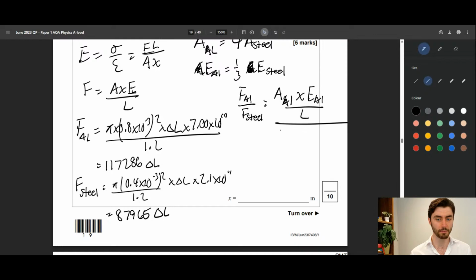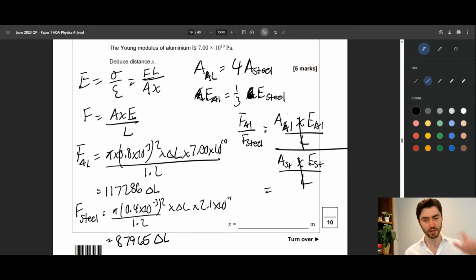And you divide that by A of the steel times the extension, which is the same, times the Young's modulus of the steel, over the length, which is the same. These cancel, so it would be 4 times a third. So it's 4/3. That was a simpler way of doing that. So I shouldn't have done the thing on the left. That was how I could have simplified.